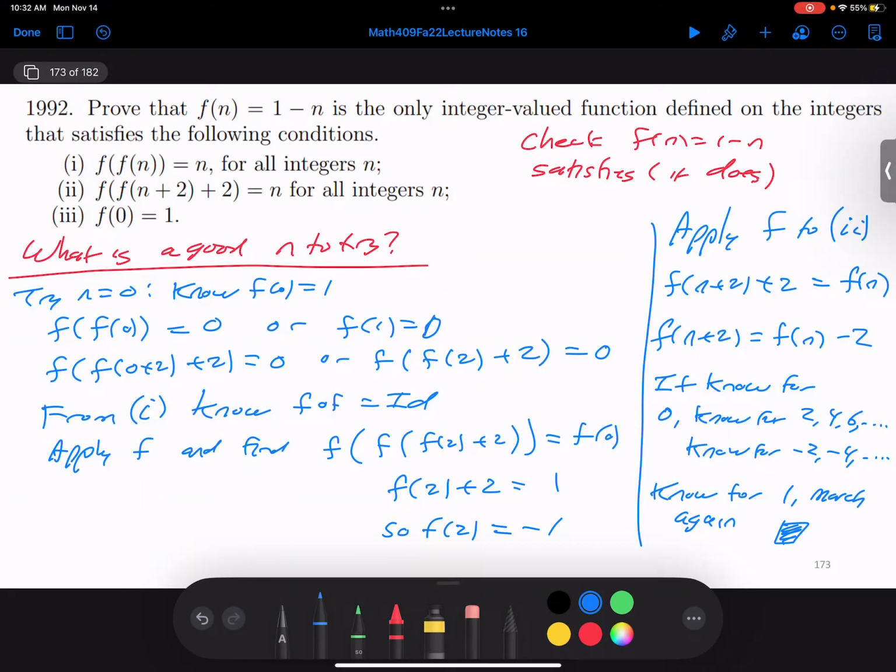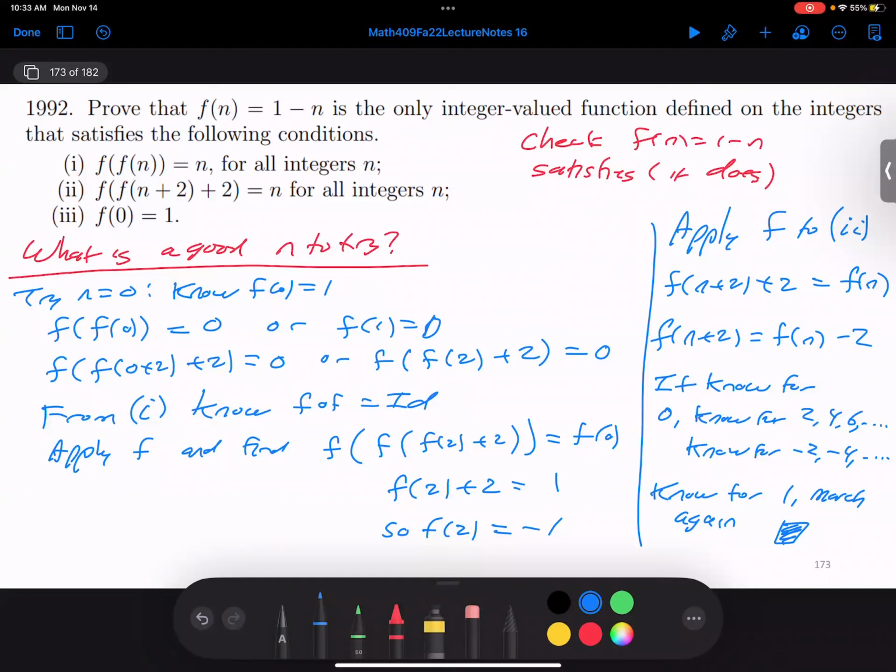There might be another value of n that might be natural to take. Yeah, negative 2. If I take n equals negative 2, I would get f of 0, which is 1, and then I would get f of 3. Well, what is f of 3?